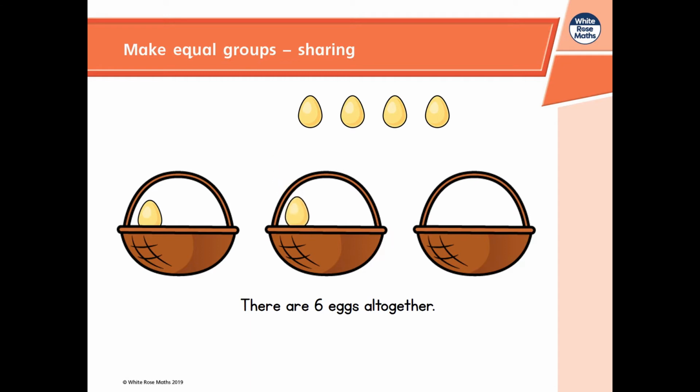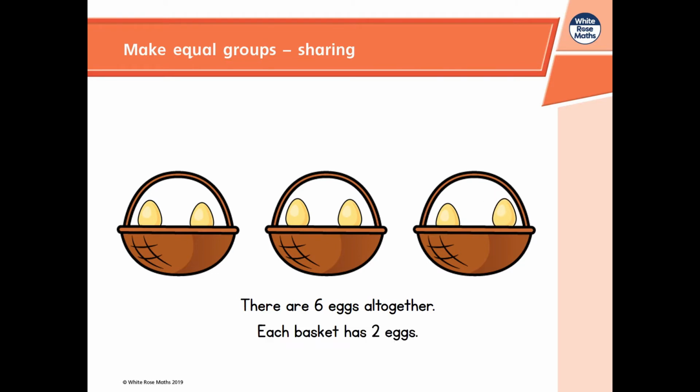Here we go. Done. Each basket has 2 eggs. So we can see here 6 eggs shared equally between 3 is 2.